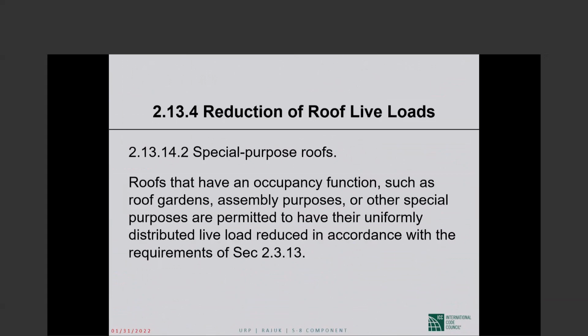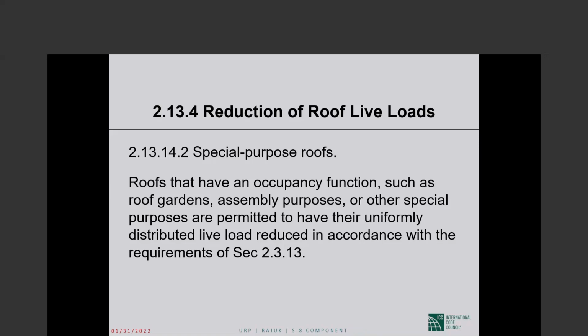Okay, special purpose roofs. Roofs that have an occupancy function, such as roof gardens, assembly purposes. Many times people assemble on roofs, you know that quite well. And other special purposes are permitted to have their uniformly distributed live load reduced. So then you basically design for floor live load and you take floor live load reduction.